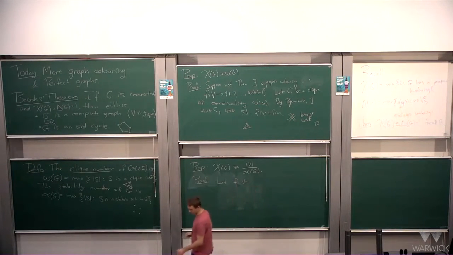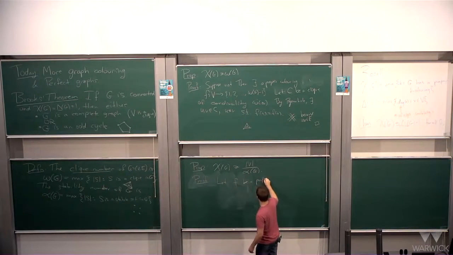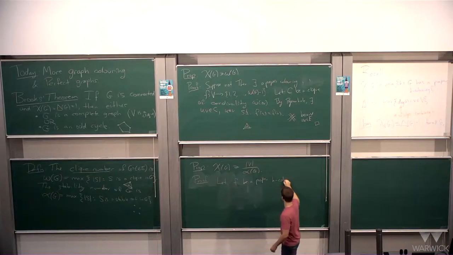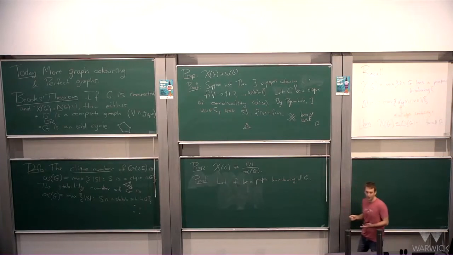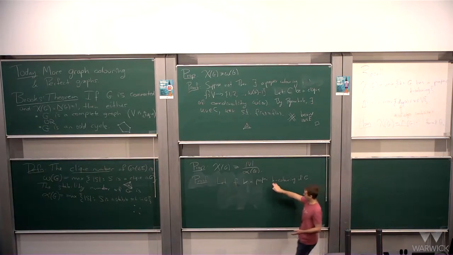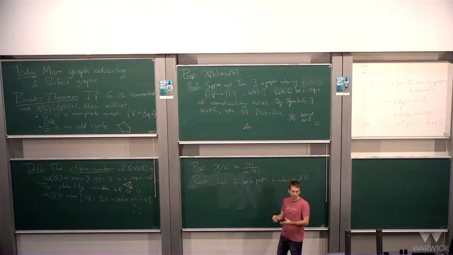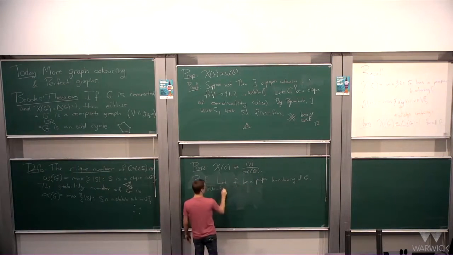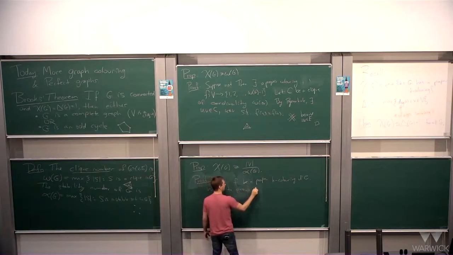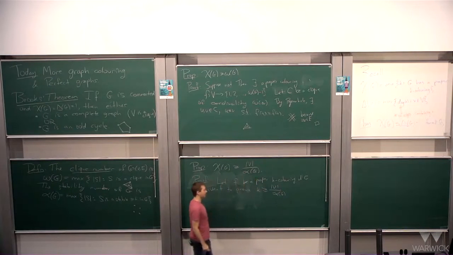Let F be a proper K coloring of G, for some value of K. I want to show that K is at least as large as this, and then the minimum K for which such a coloring exists will be at least this. So we want to prove K is at least the number of vertices in G over alpha of G.